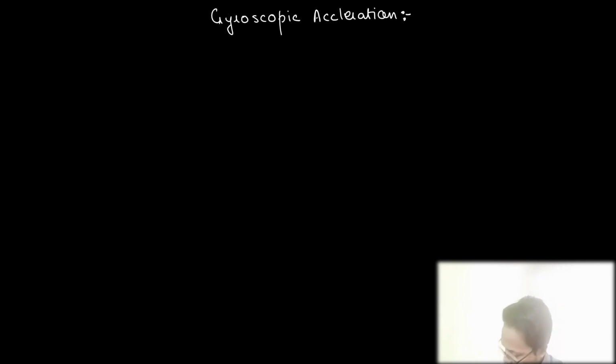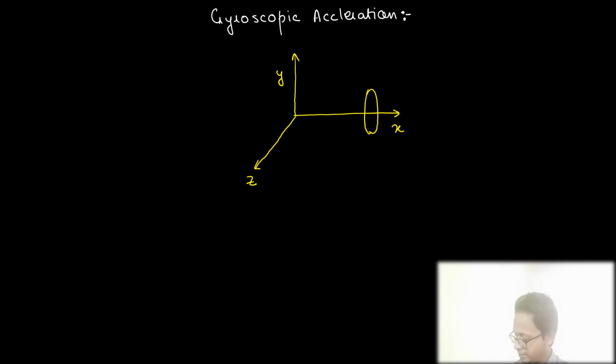Now let us take a case of a wheel rotating. Let me draw the axes. This is the x-axis. This is the y-axis. This is the z-axis. Suppose there is a wheel on the x-axis. The wheel is rotating with angular velocity omega. The wheel is in the yz plane.